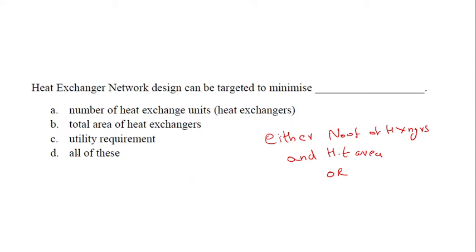That is, the utility is directly related to the heat exchanger, so these are interrelated. So either these two can be minimized or these two can be minimized. All at a time cannot be minimized because they are related.